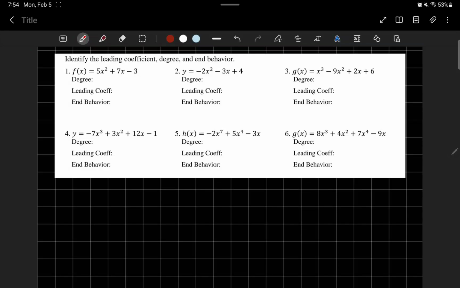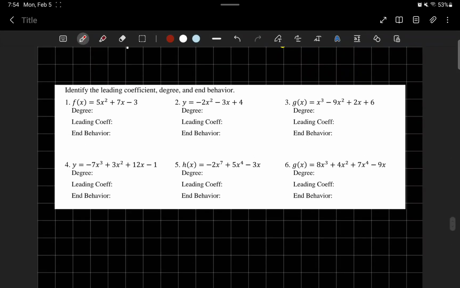Okay. So try to answer the following functions. Let's identify the leading coefficient, whether it is positive or negative, then the degree, whether it is odd or even, and the behavior of the graph. Number 1, f of x is equal to 5x squared plus 7x minus 3. Is it odd or even? Okay, so this is even.